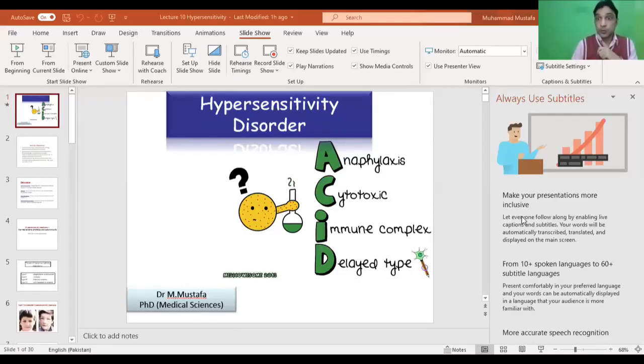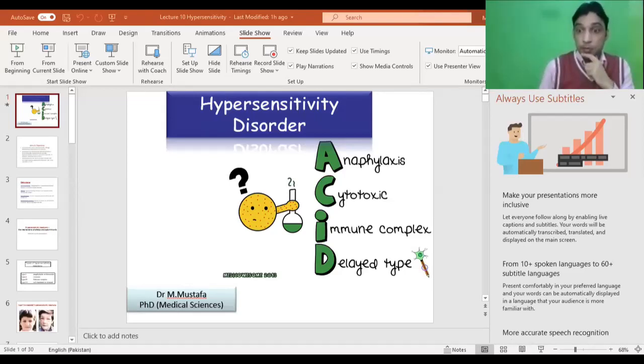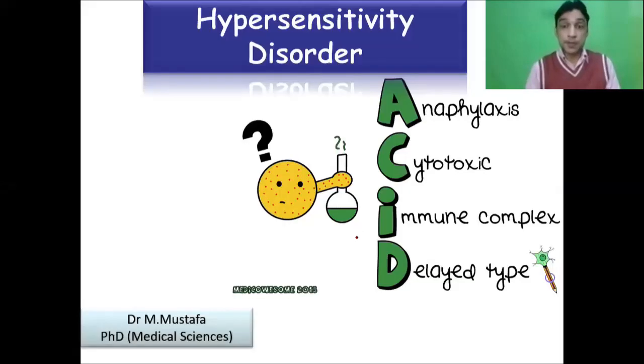So here we go. We are going to have our new topic, that is hypersensitivity, and what is the molecular reason behind different versions of hypersensitivities related to molecular immunology or our immune system.